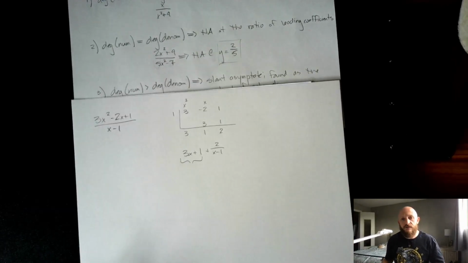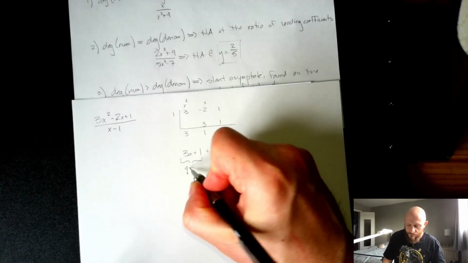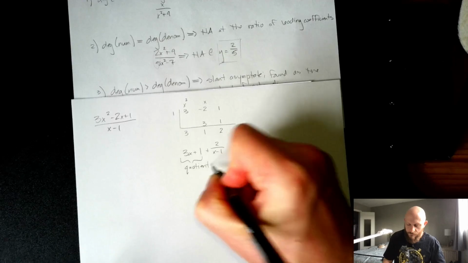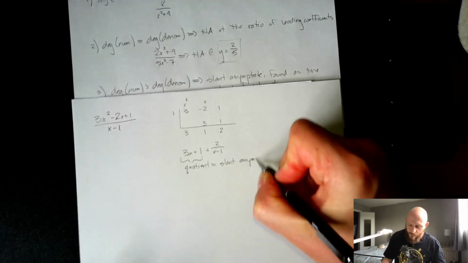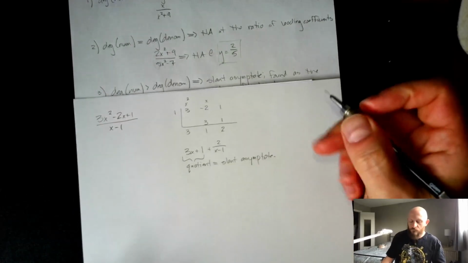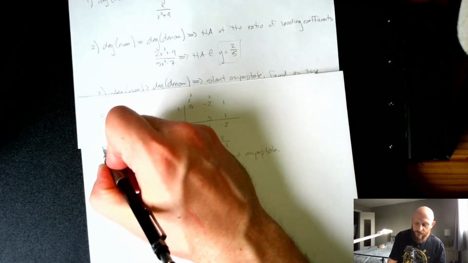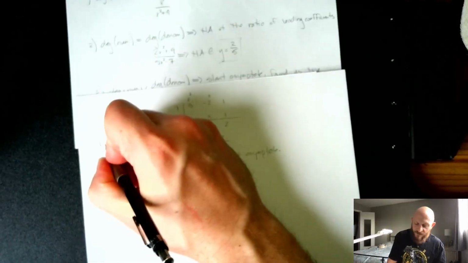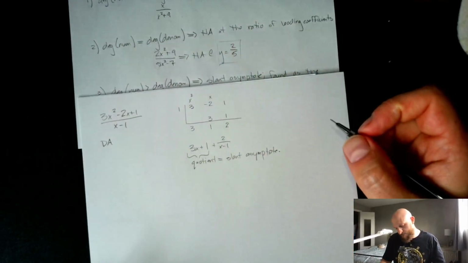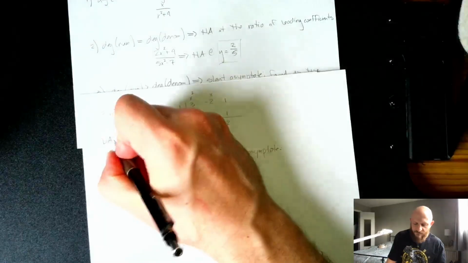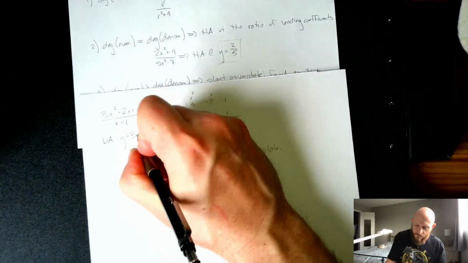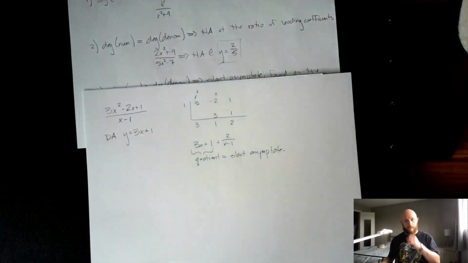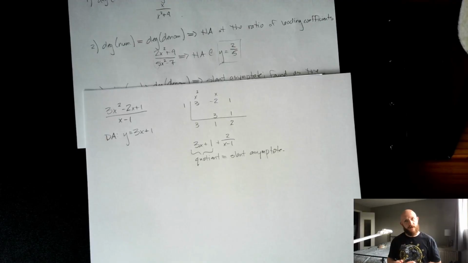But the quotient is the slant asymptote. So the slant asymptote of this, which I'll abbreviate dA for diagonal asymptote, is given by y equals 3x plus 1. Okay, that's the slant asymptote.